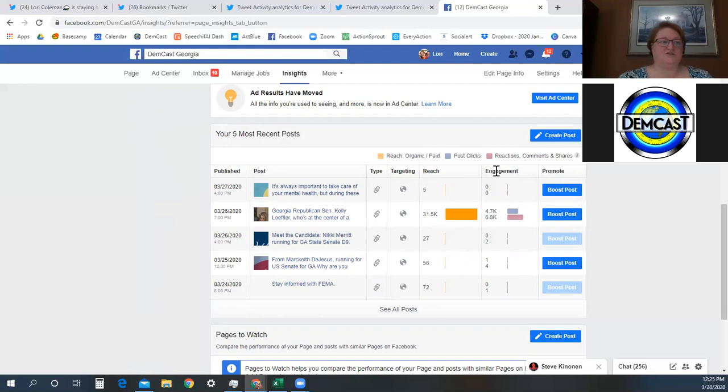It'll show you the reach, it'll show you the engagement. And you can also from here boost your post, although I recommend that you actually just place a Facebook ad rather than boosting the post itself, because you can control a lot more about the audience that you pick. Okay.